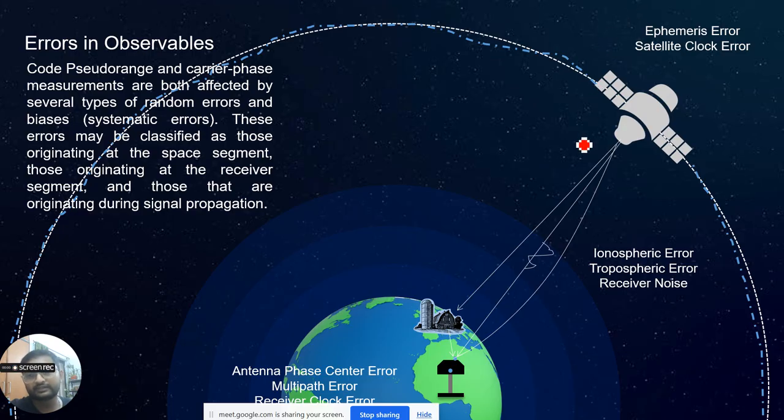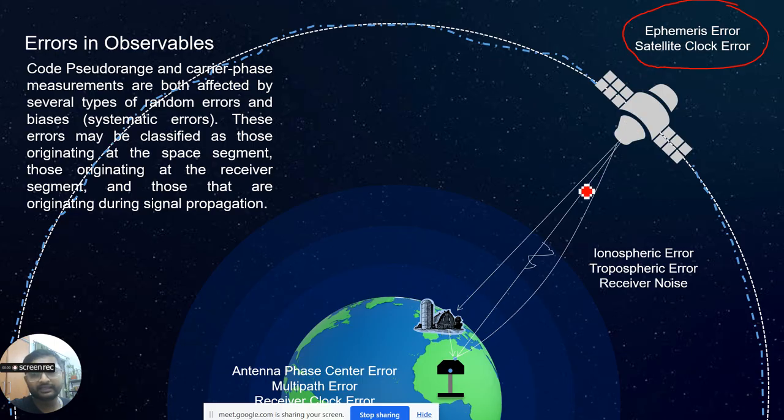So this error we can divide into three components. First is error which is coming due to the atmosphere or space segment. So in space, what is there? We have a satellite and we have one orbit in which it is moving. So we can have error due to satellite orbit and error due to satellite clock.